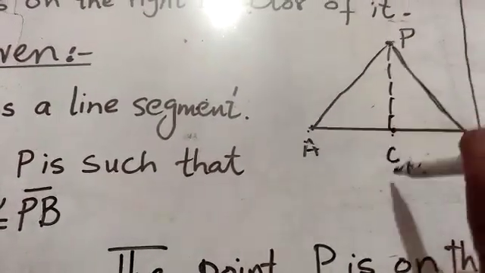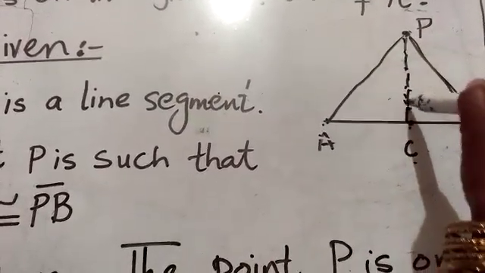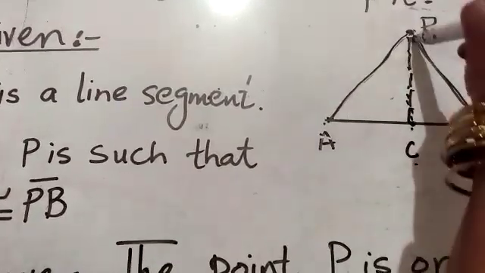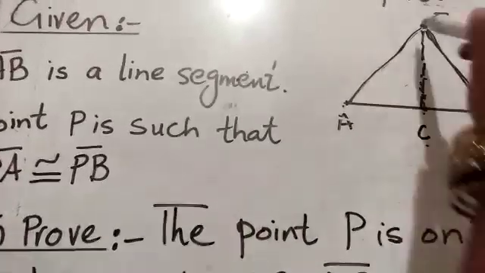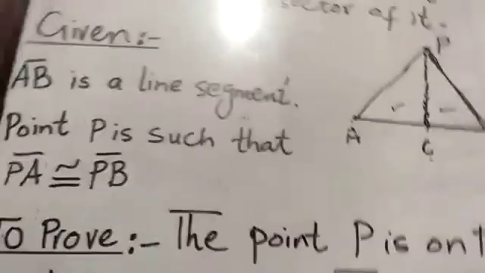And because this is a constructed line, we will draw it dotted, and these two lines are sides of triangle PAB, and by this line we get two triangles.